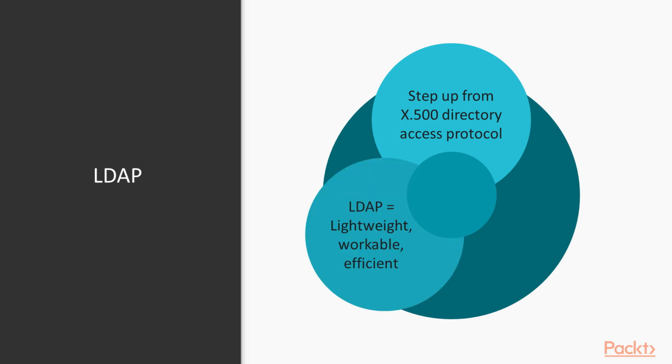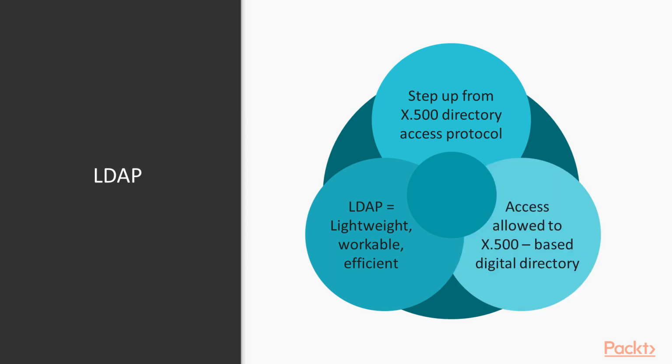LDAP was designed to allow access to an X.500 based digital directory with lesser bandwidth as compared to other directory access protocols. The current version v3 of the LDAP was published in 2006 as RFC 4511 by an engineering team working for Novell Inc. This concludes the first video of section 6, where we learned about the 4 mechanisms of authentication used in Mongo.